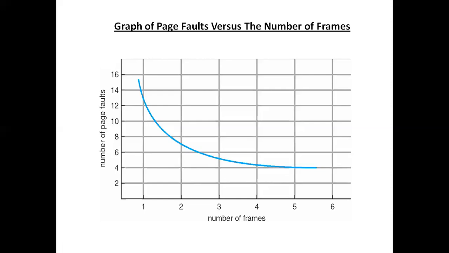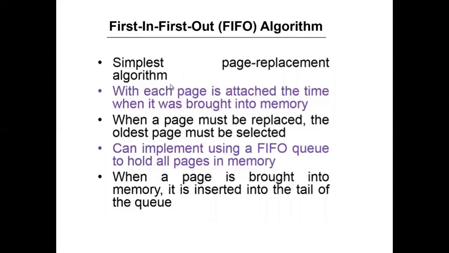So if you have more frames, then the number of page faults will naturally be less, because you have more space to accommodate the pages in frames. Graphically, if the number of frames is greater, then the page faults would naturally decrease. You can't say it goes to the very minimum, but it will decrease because you have most of the portion in the physical memory.